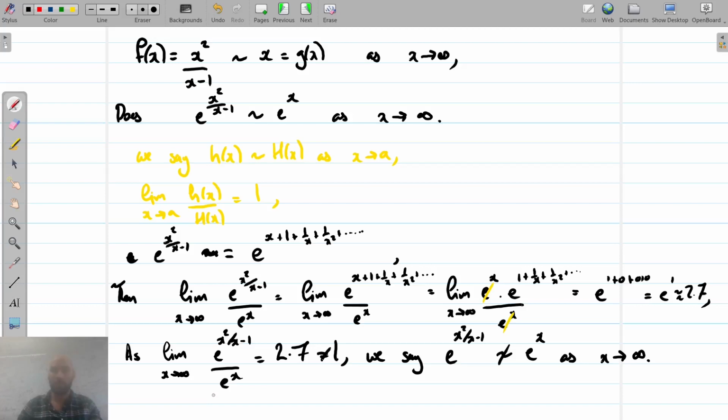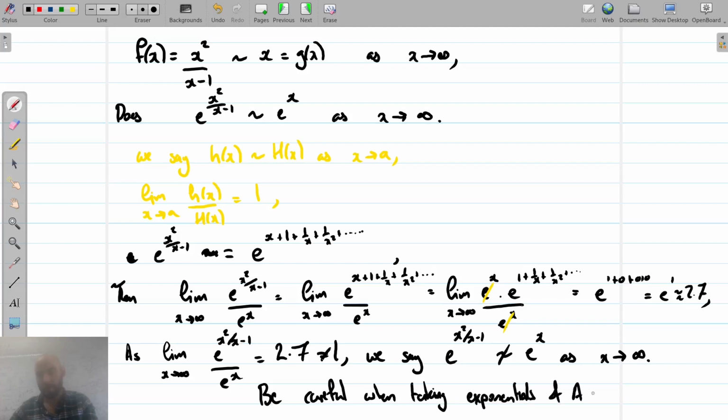So the moral I'm trying to get across here is we should be careful when taking exponentials of asymptotic relations. We can't just necessarily take an exponential, it destroys the relation.